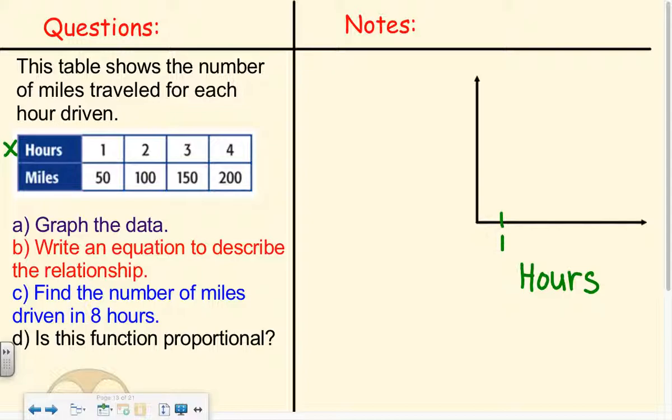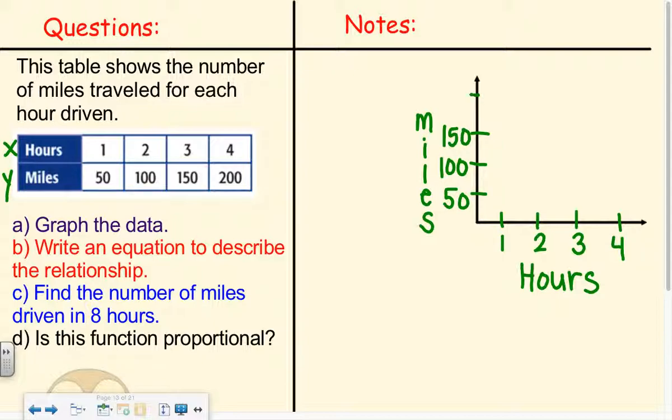Our y-axis is the miles. I'm going to count those by 50. So 50, 100, 150, 200.